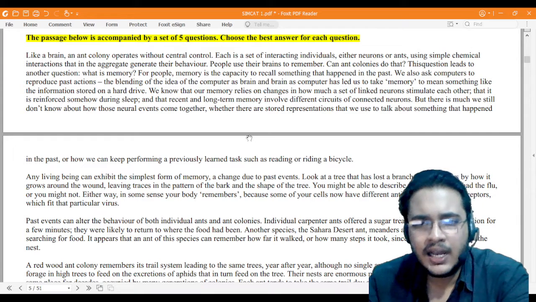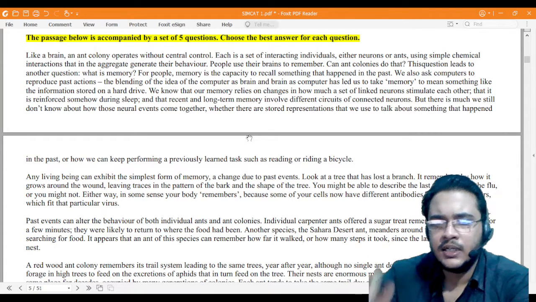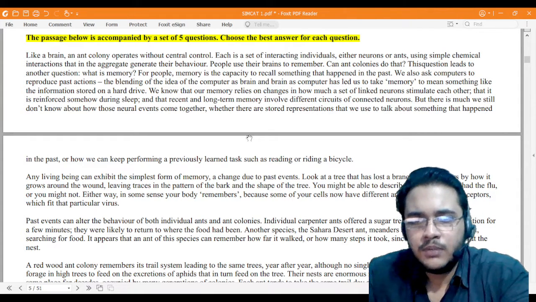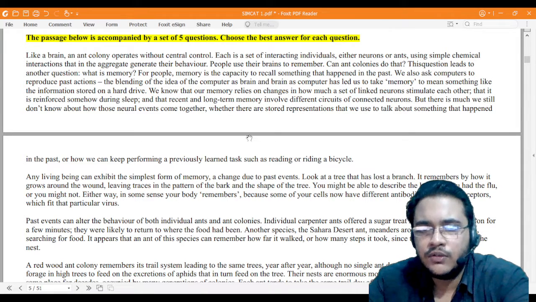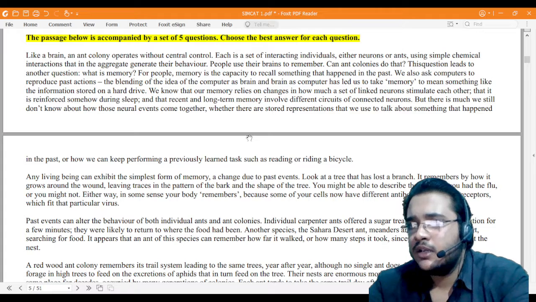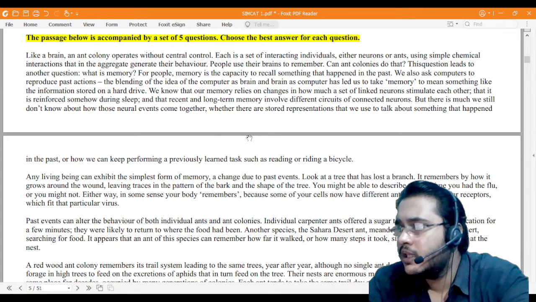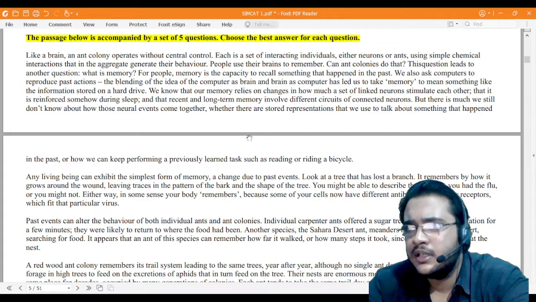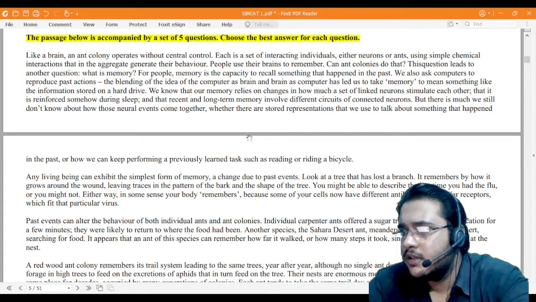Let's read this out. I'll ask you to pause the video right now and read it out. I hope you did pause and read. Let me read it out for you once. The first paragraph. Like a brain, an ant colony operates without a central control. Each is a set of interacting individuals, either neurons or ants, using simple chemical interactions that in aggregate generate their behavior.